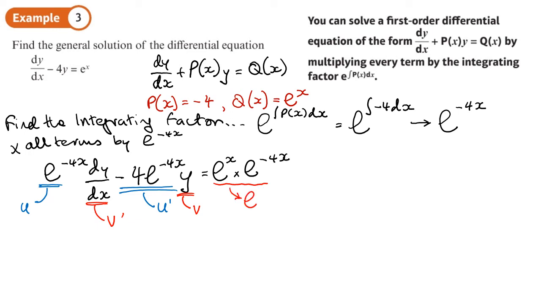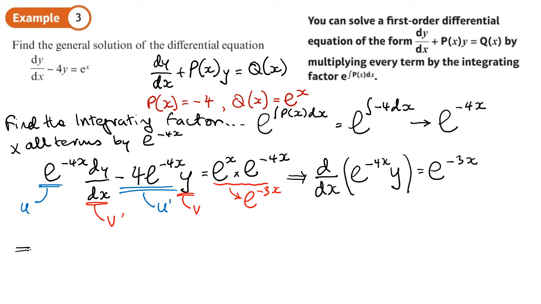So I'll have e to the power of -3x. So using the product rule in reverse, the left hand side is what you get when you differentiate uv, so e to the -4x times by y, and that will equal e to the -3x.